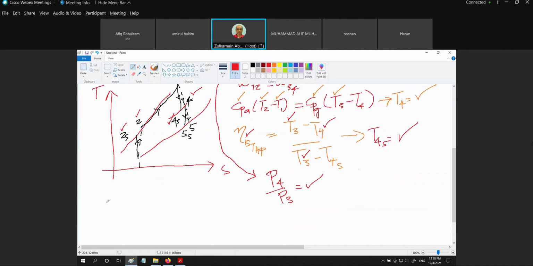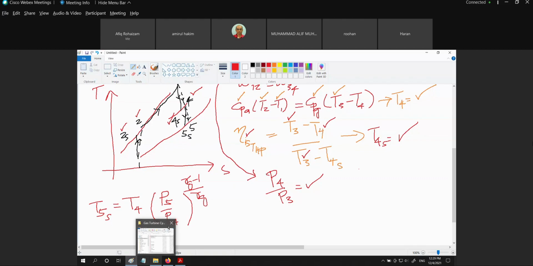So how to get the 5S? T5S is equal to T4 or T4S?